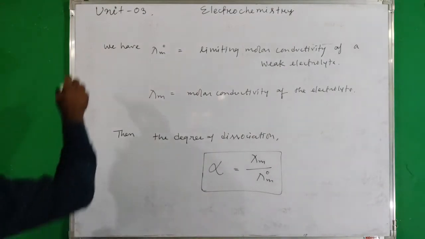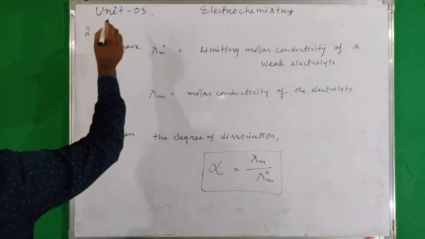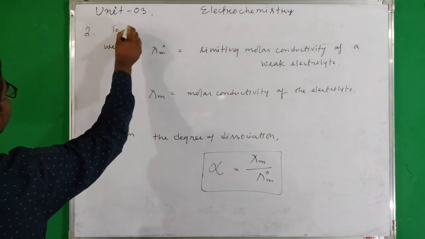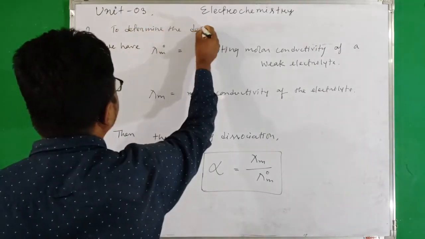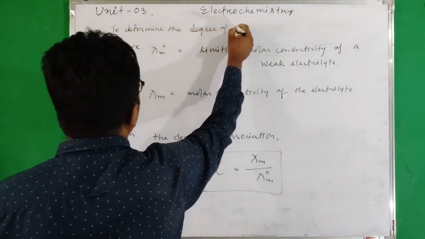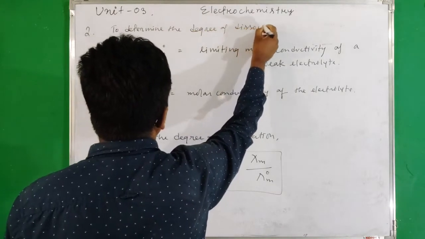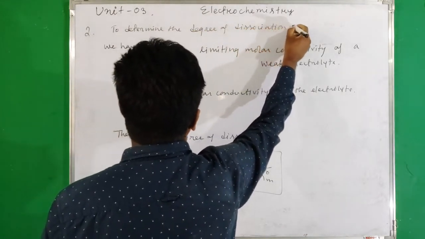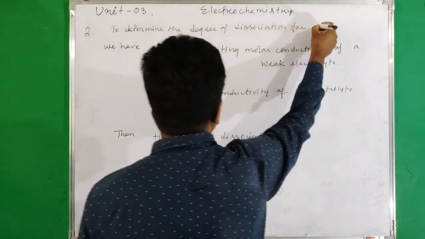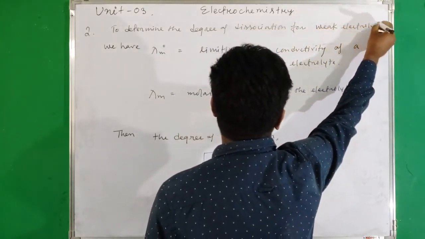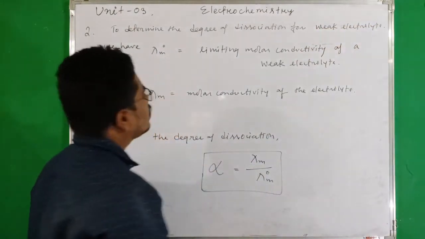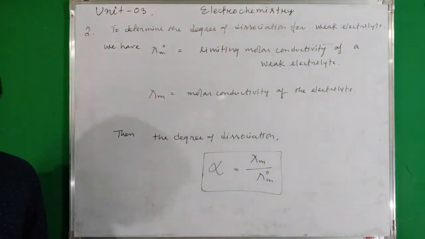So the another application of Kohlrausch law is to determine the degree of dissociation for weak electrolyte.